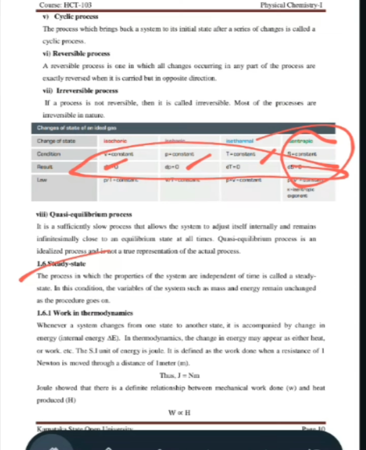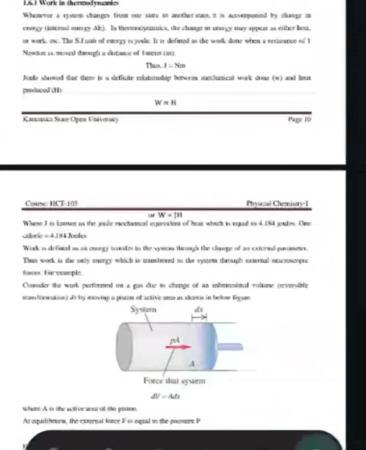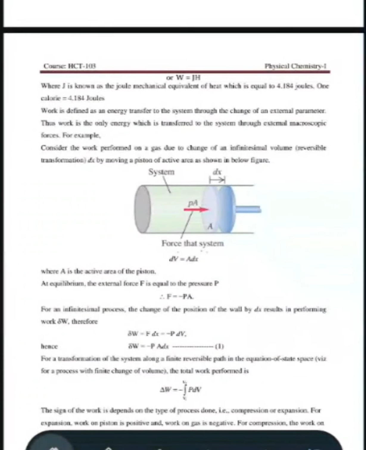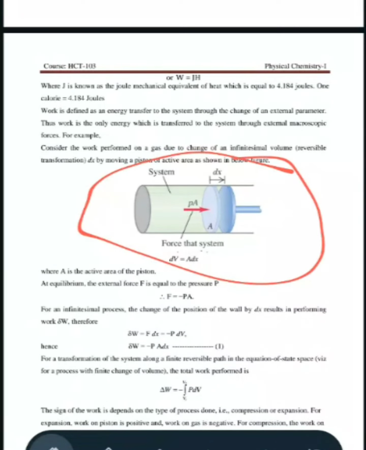So next we are going to discuss how work takes place in thermodynamics. A system changes from one state to another state by changing energy. In this system, the piston is moving outwards.